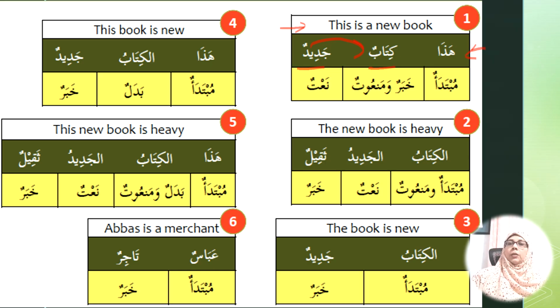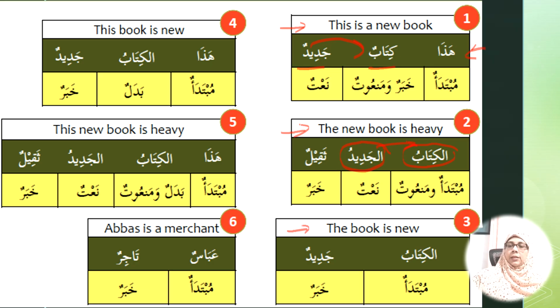New book. In the second sentence right here, al-kitabul jadidu thaqilun. It means the new book is heavy. So here al-kitabu is the mubtada. Okay, al-jadidu is describing the book. The new book is heavy.